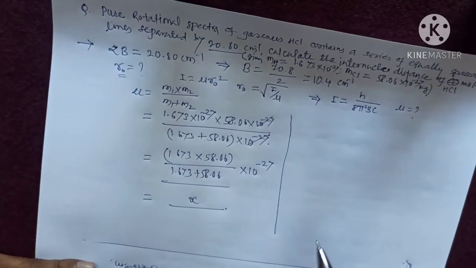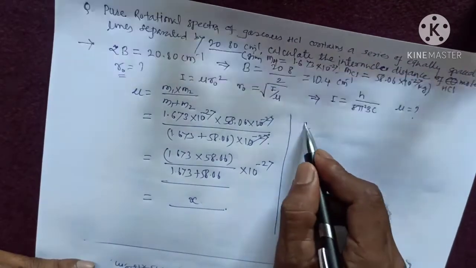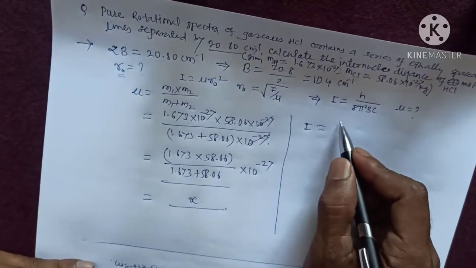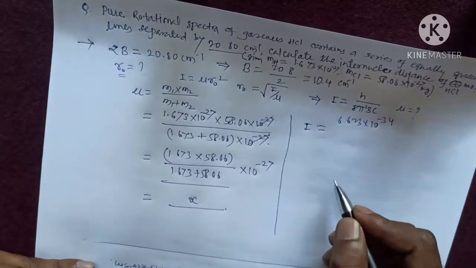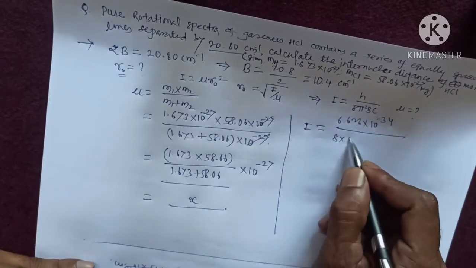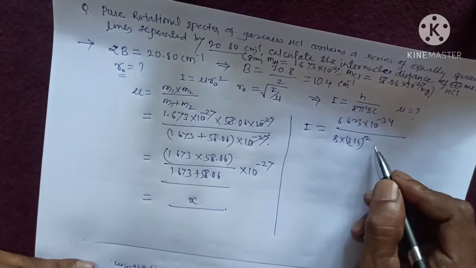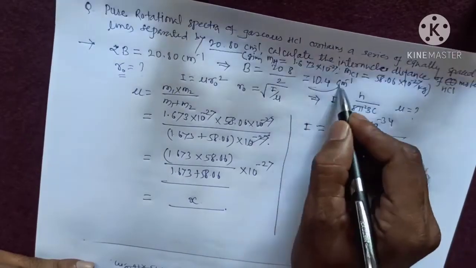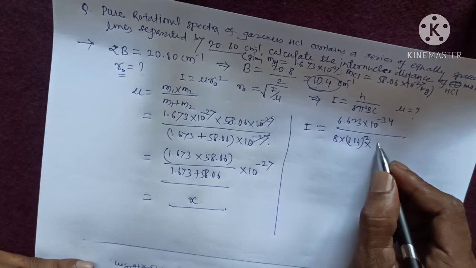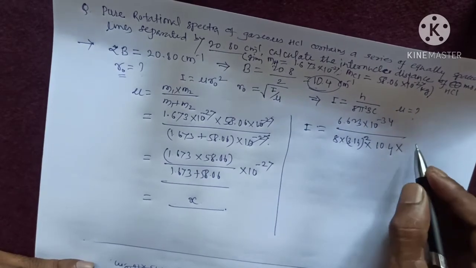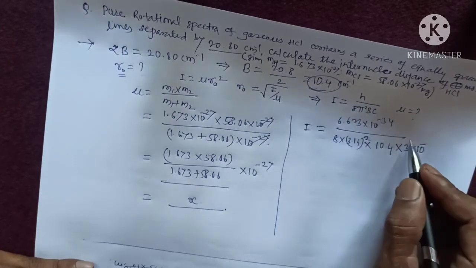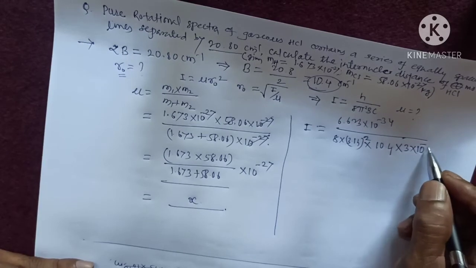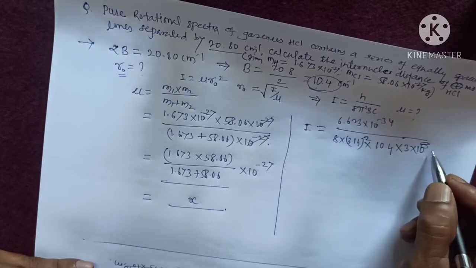Now determine the value of I. So I will be equal to h, that is 6.623 into 10 to the power minus 34 in SI units, divided by 8 into 3.14 square into the value of B, which is given in this question again, that is 10.4, into c, which is 3 into 10 raised to 8 meter per second.